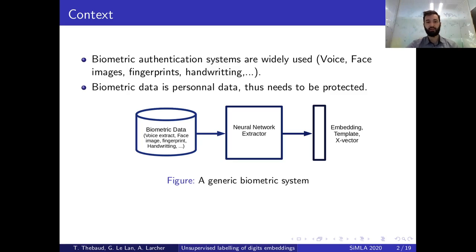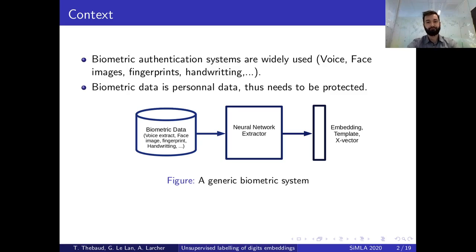Often, biometric data is the most protected part because it's raw personal data. So, for example, in Europe, we have the GDPR, and this data is a priority data to be protected.